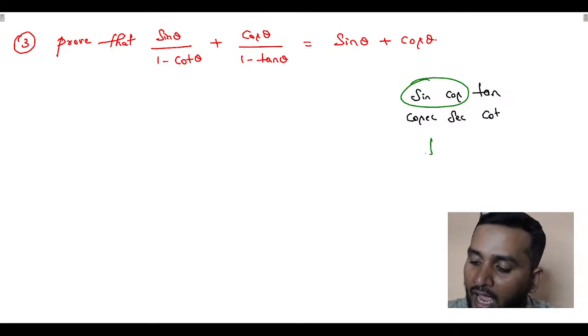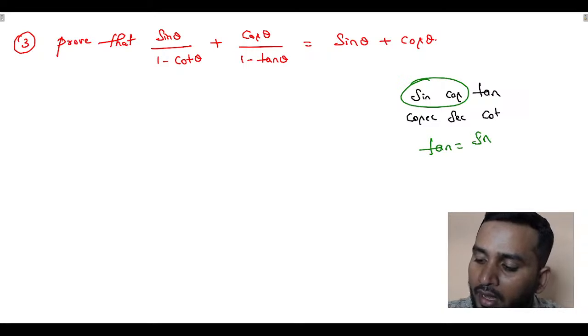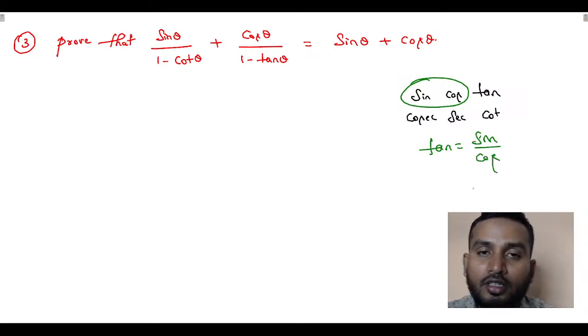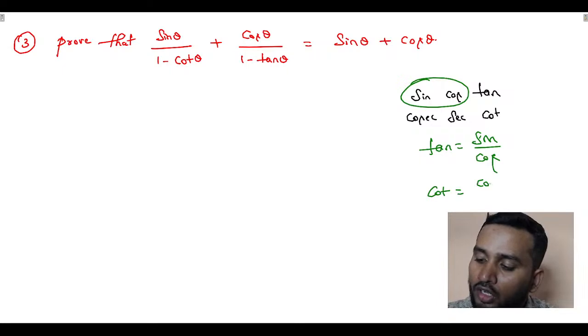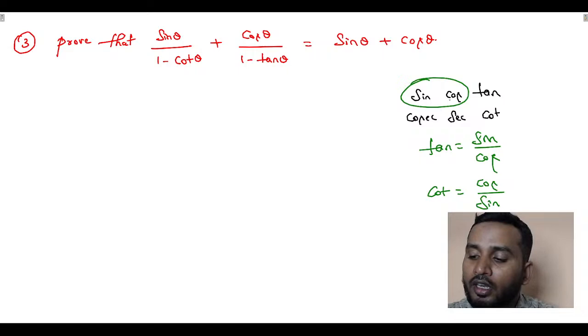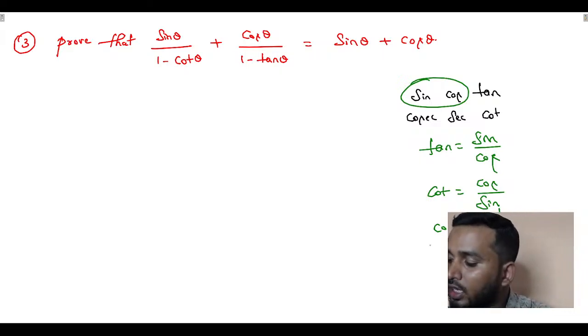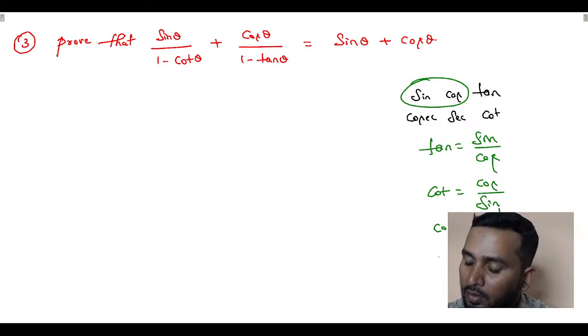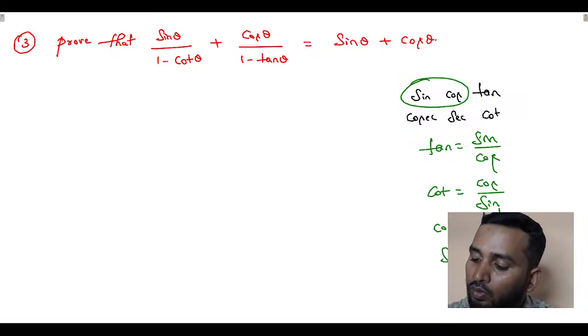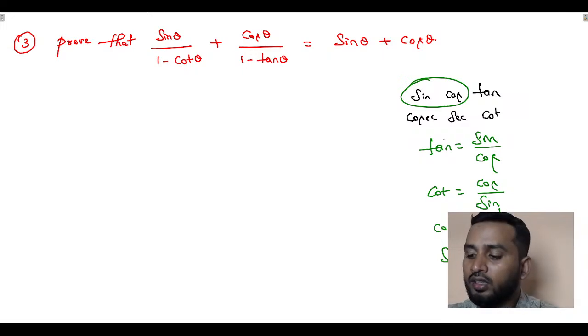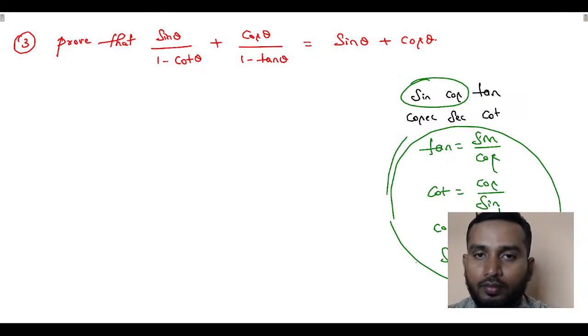In case you get tan, tan can be written as sin by cos. Got it? You have to change tan as sin by cos. In case we get cot, cot can be written as cos by sin. Isn't it? If we get cosecant, cosecant can be written as 1 by sin. Similarly, secant can be written as 1 by cos.